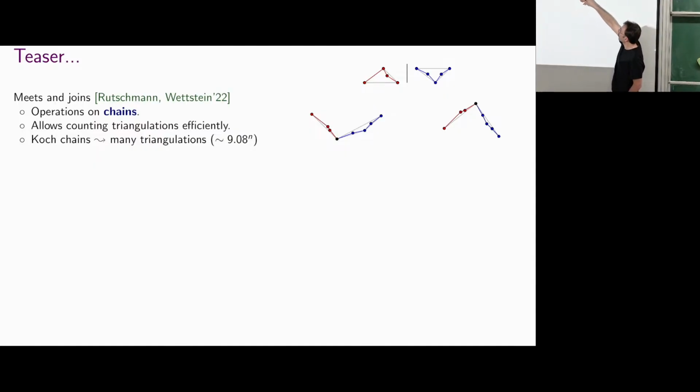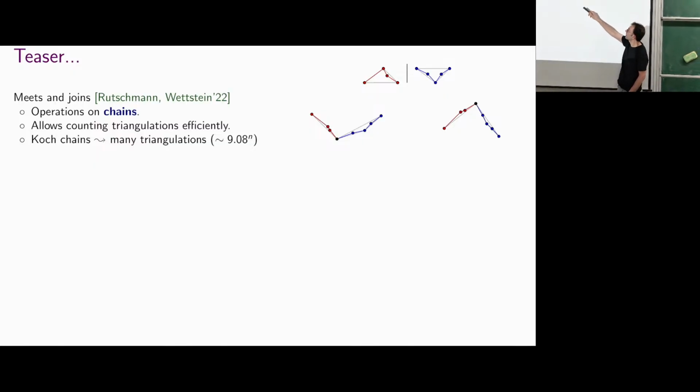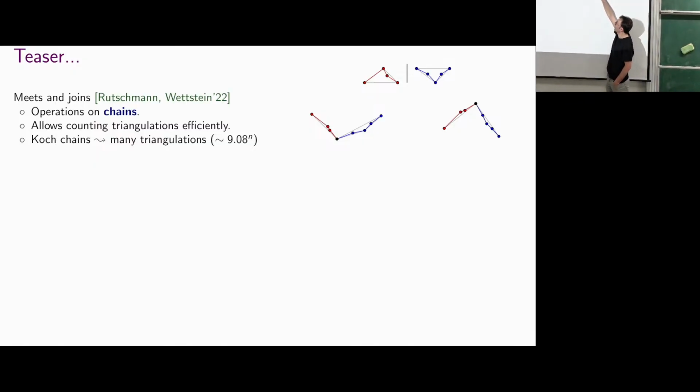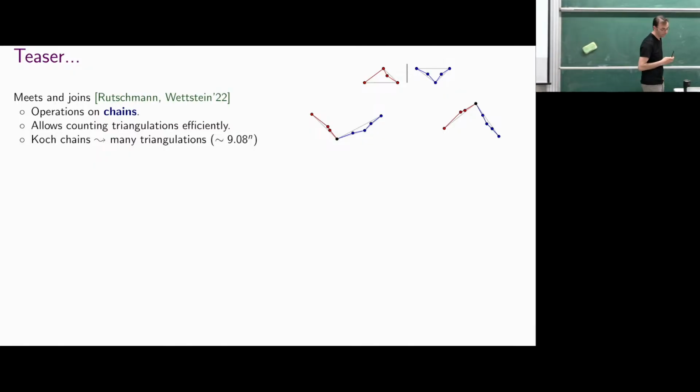And these things are called chains because all the edges here, blue and red, are forced in any triangulation of that point set. And when you're counting triangulations, that means that you can count separately the ways of triangulating this, this, and this. This is a straight line. That's what allows them to do the counting efficiently.